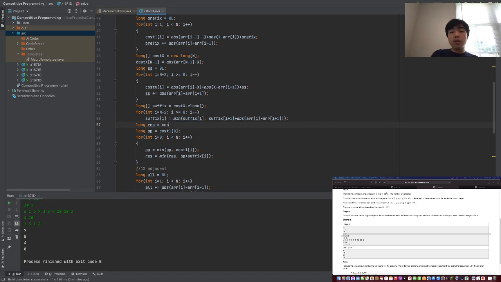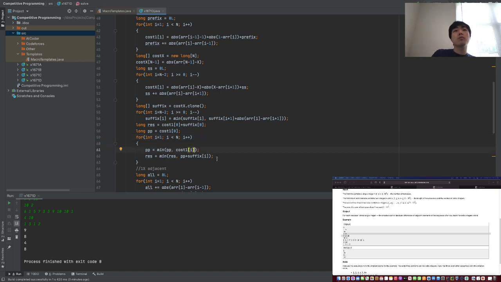The res is equal to the cost at 1 is 0 plus suffix at 0.